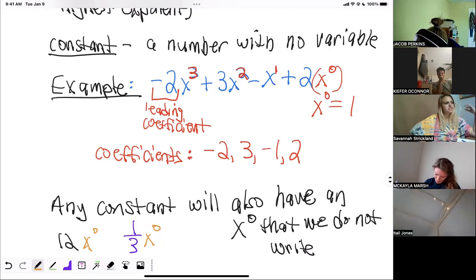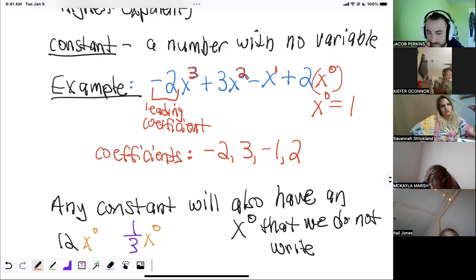But when we start talking about polynomials and leading coefficients and powers and exponents, and we're going to talk about something called a degree in a few minutes, that's important to us. We need to know what that is. Okay. All right, there are different types of polynomials.